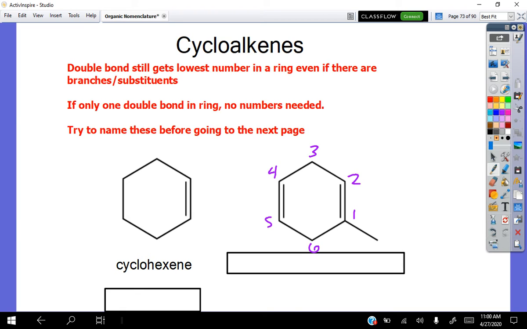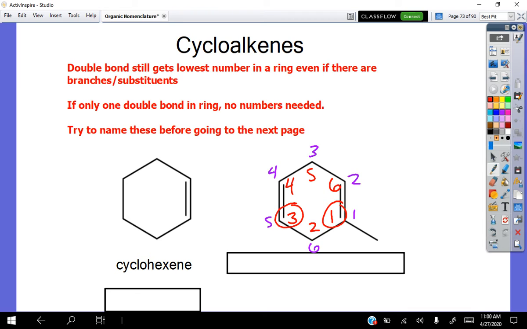I could also go in a different color. If this is carbon number 1 still, I could number the other way: 2, 3, 4, 5, 6. I'm going to number clockwise on this one because my double bond ends up on 1 and 3, which is better than 1 and 4.